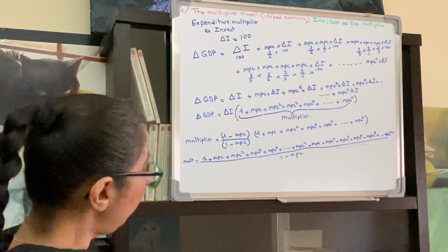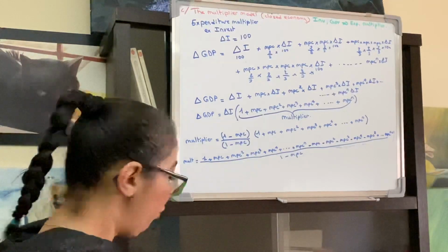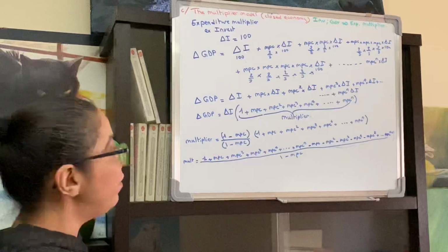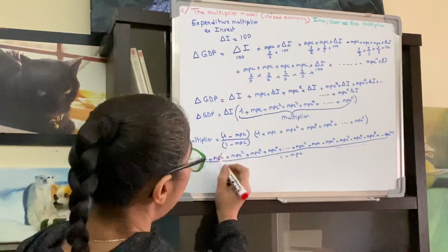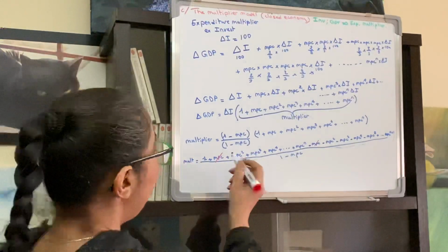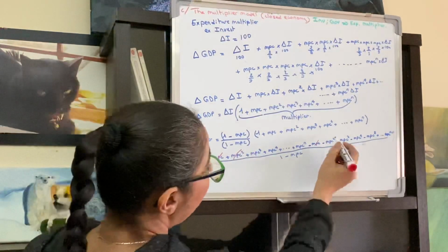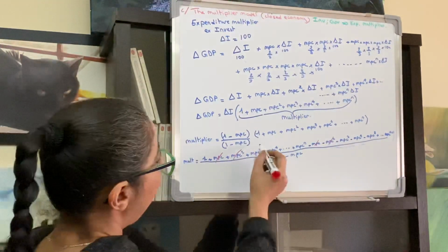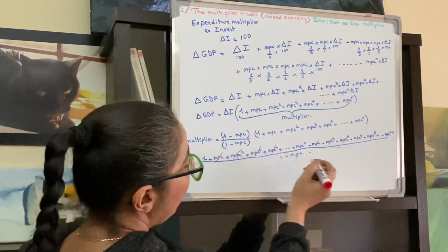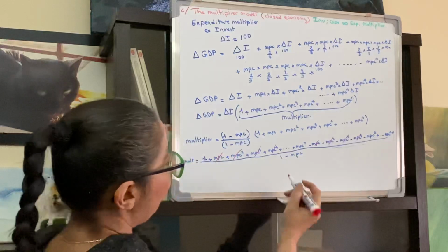I'm going to do it using another color. Take a screenshot of this one if you want. So MPC minus MPC, that's 0, so I take it off. MPC square minus MPC square, 0. MPC3, MPC3, 0. MPC4 minus MPC4, 0.